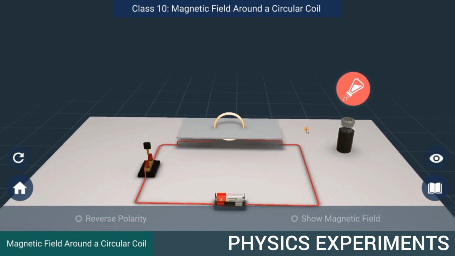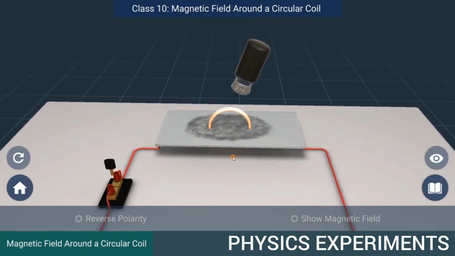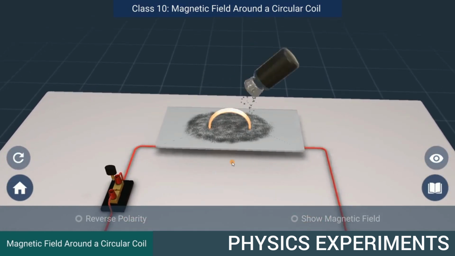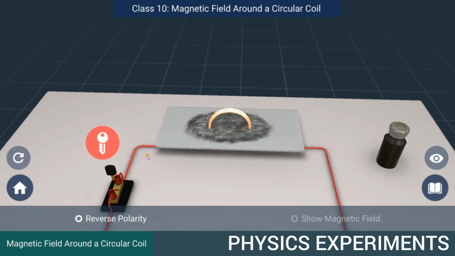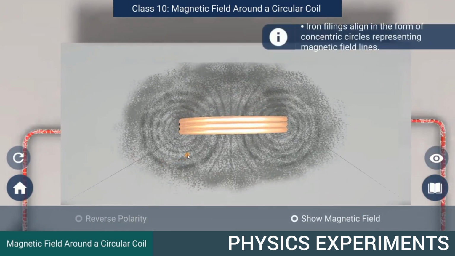Sprinkle some iron filings around the coil and insert the plug key to close the circuit. Current starts to flow in the circuit through the coil.